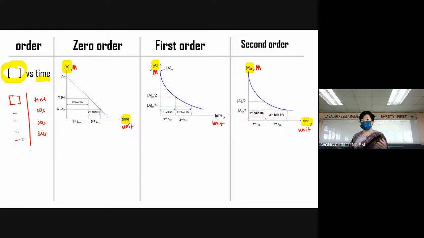Betul? Okay? What happen if you got curved graph? Okay? Kalau kamu plot graph tu, concentration versus time, tapi dua-dua kamu dapat adalah curve like this. Kamu dapat curve. So, visible, mata tengok sama je. Alright? Macam mana nak bezakan first order dengan second order?